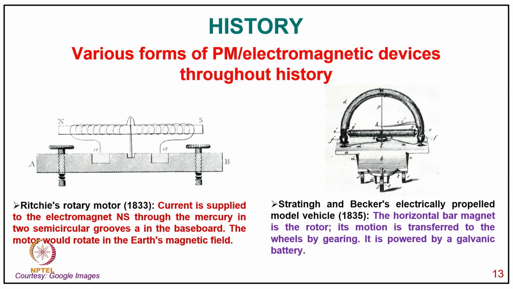And the Ritchie rotary motor, which I already discussed earlier in the history, the current is supplied to the electromagnet poles through the mercury in the two semicircular grooves in the baseboard, and the motor will rotate in the earth's magnetic field.